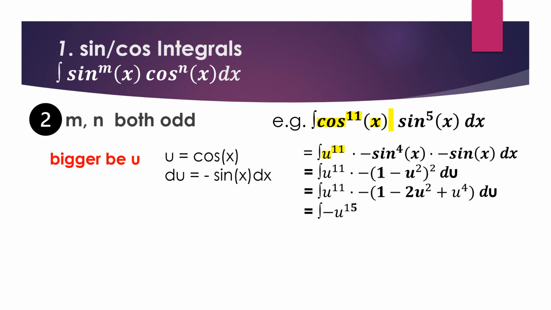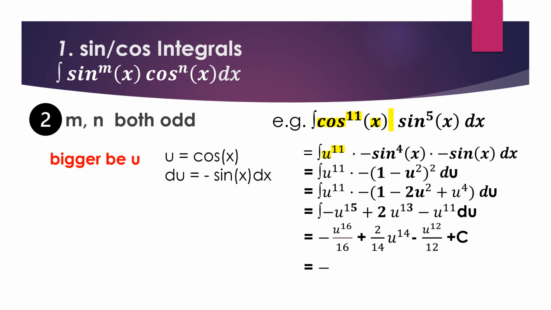So we will get integral u to the 11th times negative parenthesis 1 minus u squared parenthesis squared du. And we'll get integral negative u to the 15th plus 2u to the 13th minus u to the 11th du. We calculate the integral, we get negative u to the 16th over 16 plus 2 over 14 u to the 14th minus u to the 12th over 12.